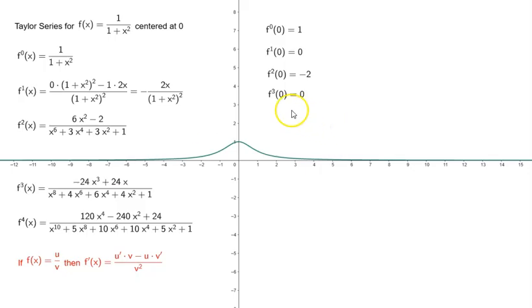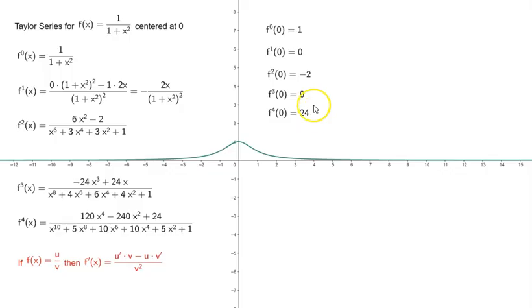Similarly, the third derivative at 0: the numerator becomes 0, so the third derivative is 0. What about the fourth derivative at 0? All these terms will become 0, and we will have 24 by 1, so 24.